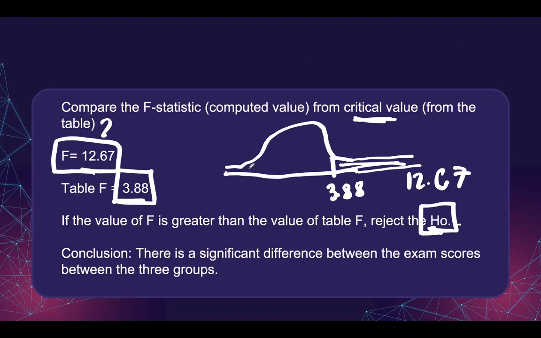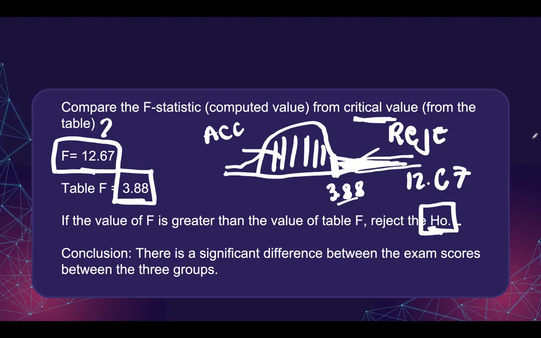Kasi class, kapag pasok dito yung computed F value, ito yung area of acceptance. Kapag lagpas na dito sa ating critical value, yan yung area of rejection.